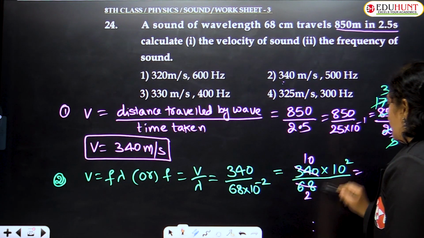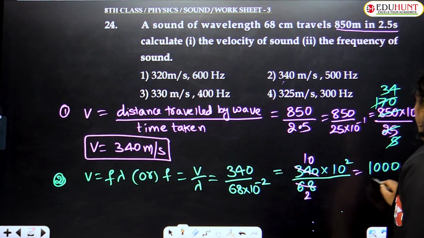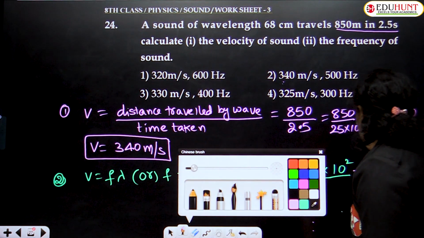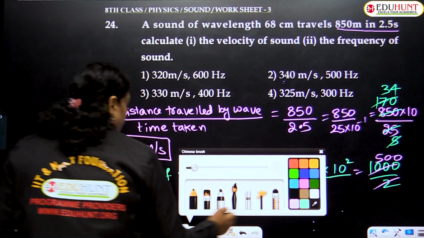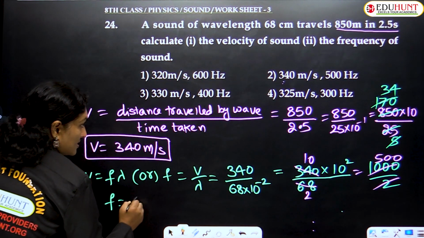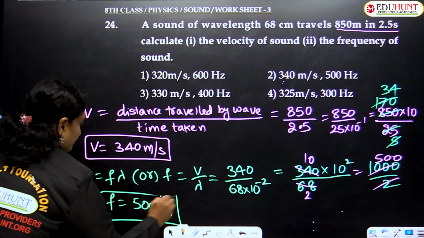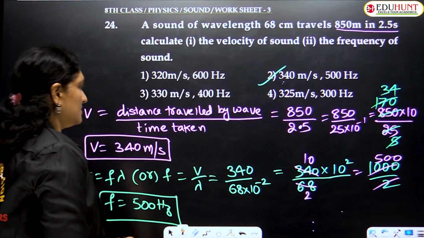This will be 10 into 10 square, 100 into 10, that is 1000 upon 2, and hence the final answer here is 2 goes 500 times. Therefore, the final answer is found to be f equals 500 Hz. So the second option must be true. So what is the correct answer?